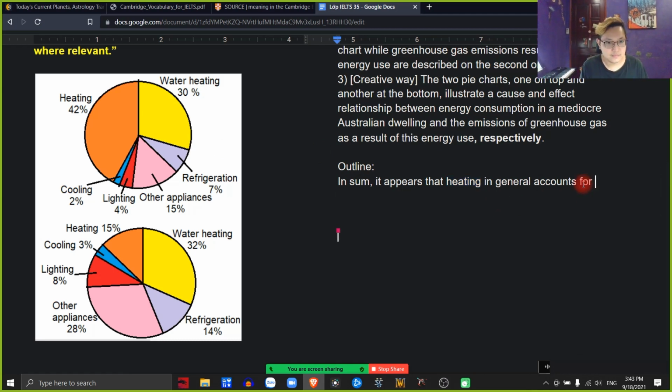Accounts for 72%, là gần 3/4 rồi. 72% is like 3/4, sorry, or nearly 3/4 of the total energy use.